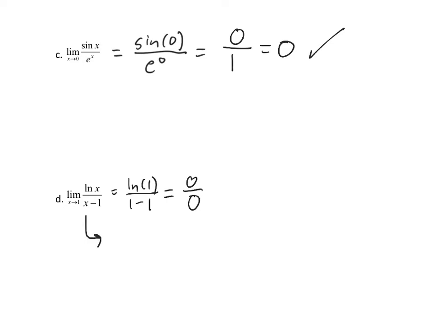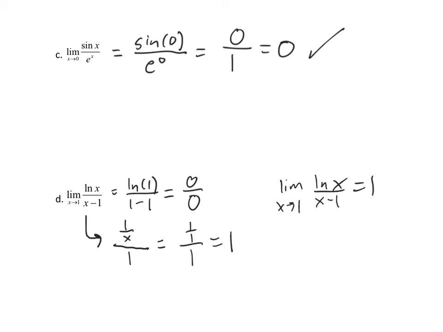The derivative of the natural log of x is 1 over x. The derivative of x minus 1 is 1. If I plug in 1, I get 1 over 1, which is just 1. So the limit as x approaches 1 of natural log x over x minus 1 is 1.